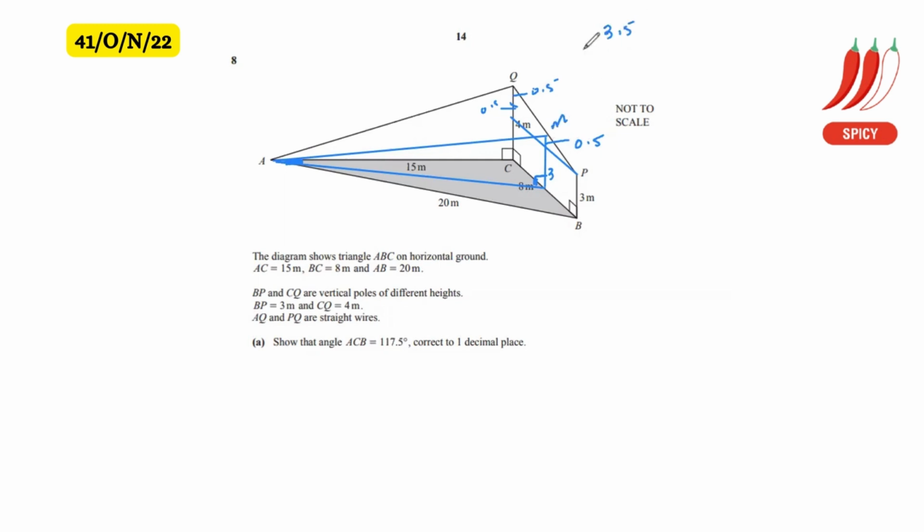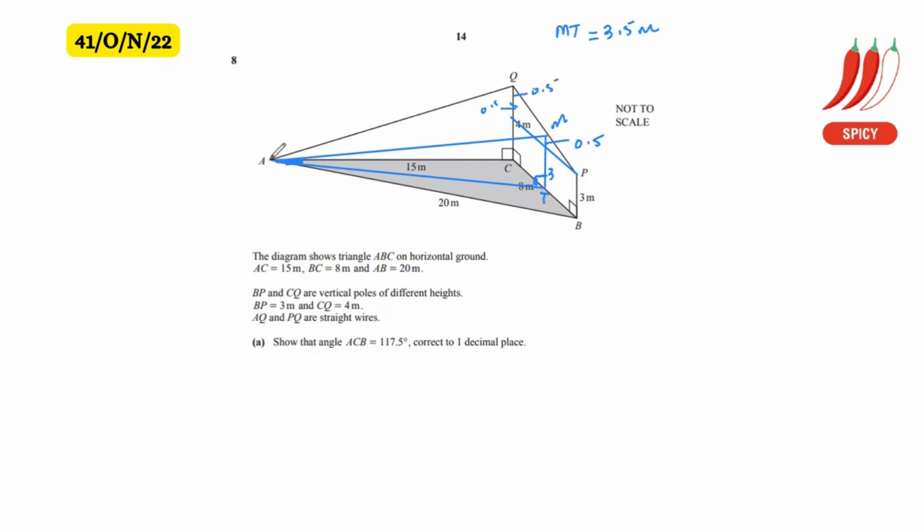We call this M and we call this T. MT is 3 plus 0.5, which is 3.5 meters. Once again, we're using the midpoint concept, that A is joined to PQ at its midpoint. So this top part gets divided into 2 equal parts. The 1 meter becomes 0.5 and 0.5, and 0.5 gets added to 3 to find the total length of MT. So that's 3.5.